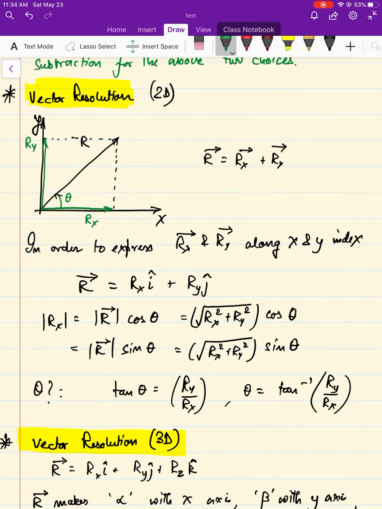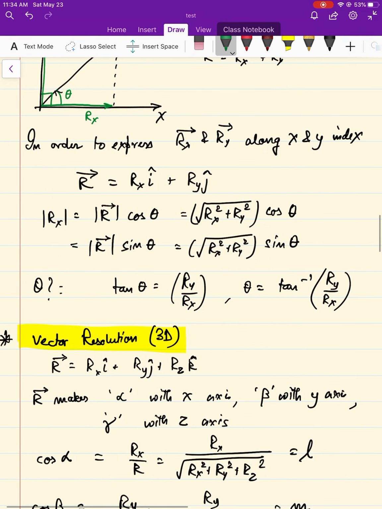Then we come to something known as vector resolution, which is the two-dimensional representation of a vector in an orthogonal coordinate system in which we have an x-axis and a y-axis oriented at 90 degrees to each other, as I'm marking over here. In order to express Rx and Ry along the x and y axes, R can be represented as Rx i cap plus Ry j cap.